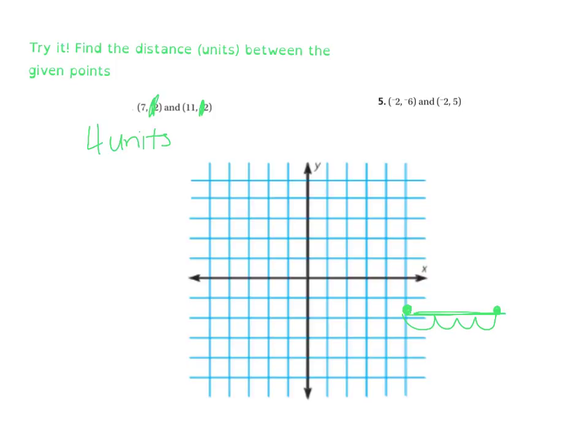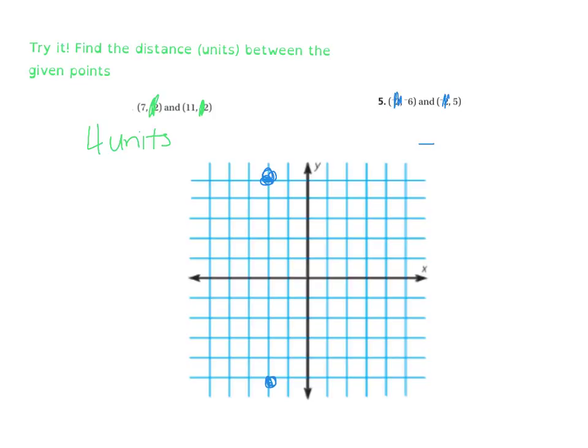And then for this next one, this coordinate plane is almost big enough. -2, -6 would be right about here, and then -2, +5 would be right up here. And so our -2's are the same.